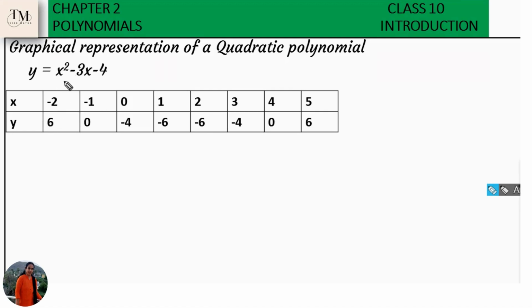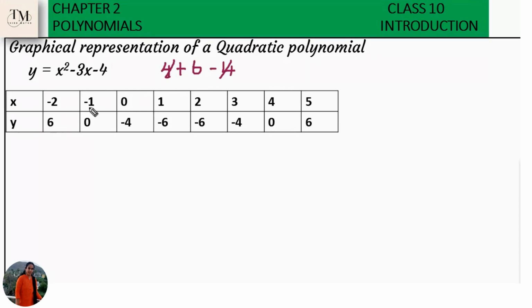When we substitute x is equal to minus 2, minus 2 to the power 2 is minus 2 into minus 2, which is 4. Then 4 minus 3 into minus 2; 3 into minus 2 is minus 6, minus into minus becomes plus, so 4 plus 6 minus 4. The 4 gets cancelled and the answer will be 6.